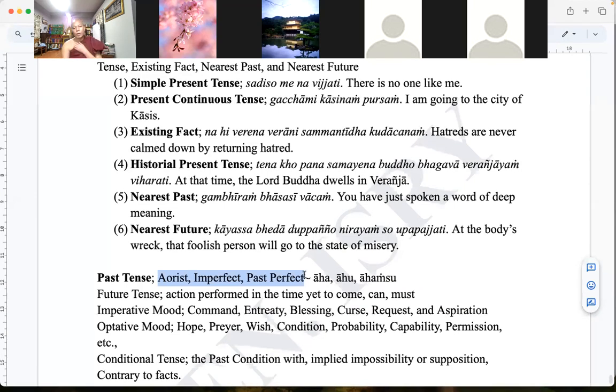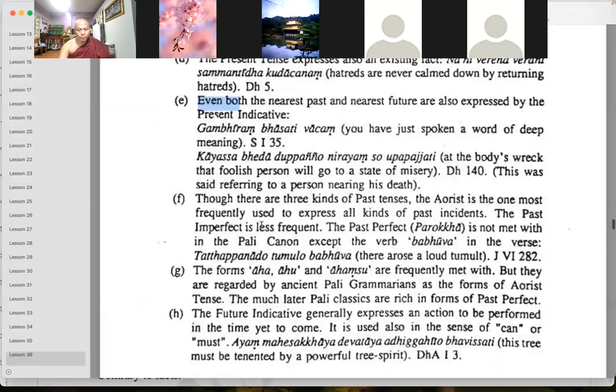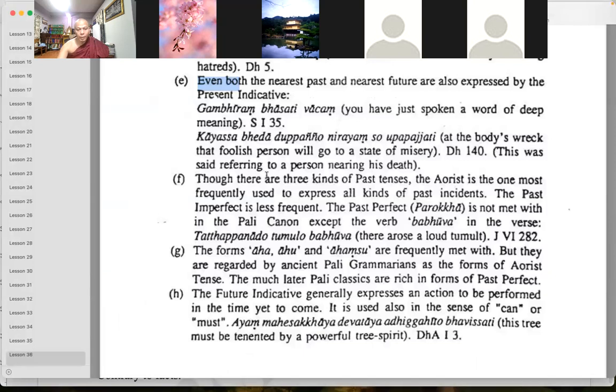Okay, so those are also already just past tense, no more special one. Imperfect also just past tense, past perfect also past tense. That is why Pali is easy. So you know, three kinds of past tense. But the aorist is the one most frequently used to express all kinds of past incidents, past happenings, past events.